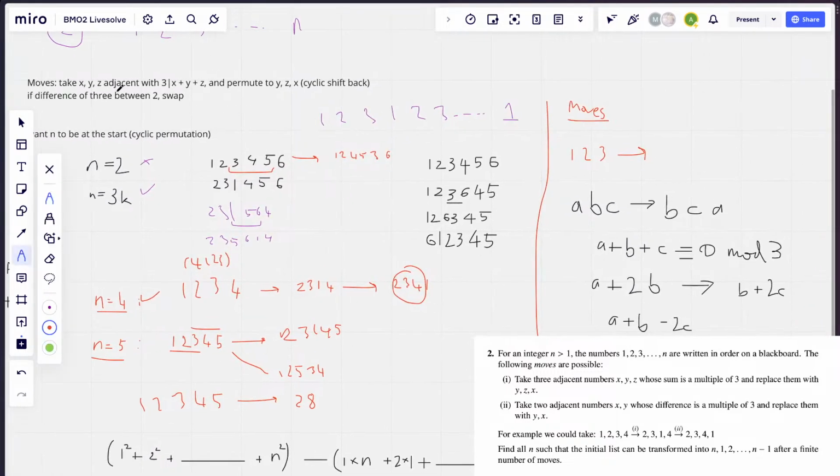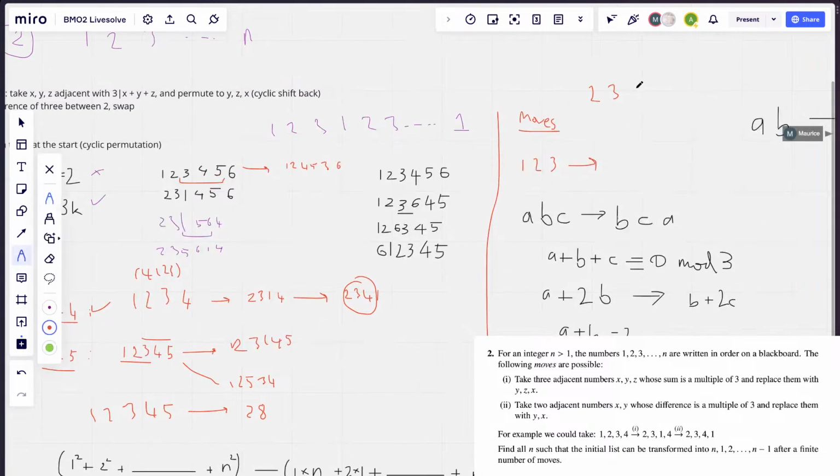Oh, and then we can swap if the difference is 3 between the two. That's the same mod 2, so that obviously preserves. Oh no, that doesn't obviously preserve things. I don't think the second one necessarily works, if the difference is 3 between the two. Let's just do the actual example.